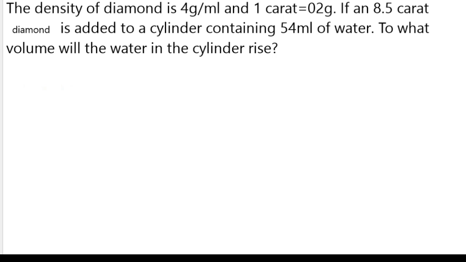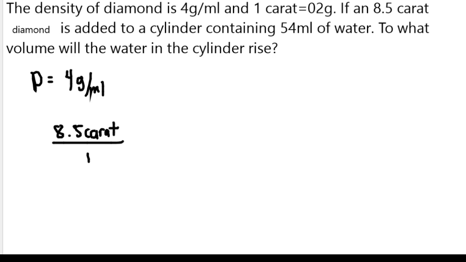Now let's get to this problem. The density of diamond is 4 grams per ml and 1 carat equals 0.2 grams. If an 8.5 carat diamond is added to a cylinder containing 54 ml of water, to what volume will the water in the cylinder rise? So we have the density, and we have 8.5 carat, which is equal to 1 carat over 0.2 grams.